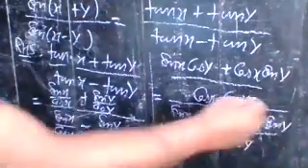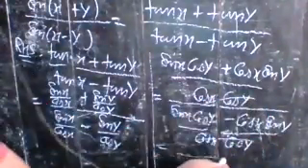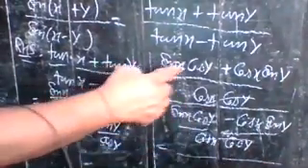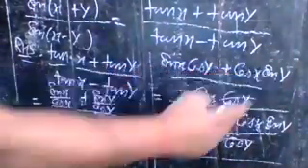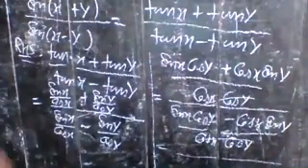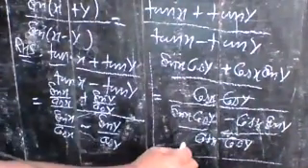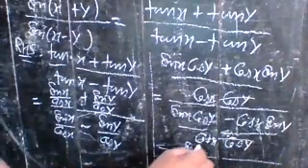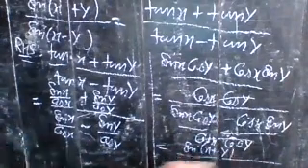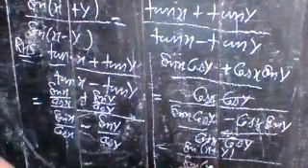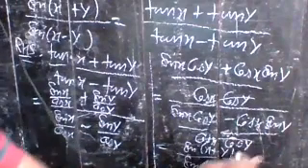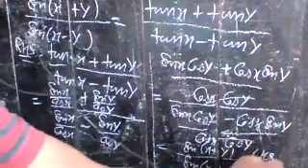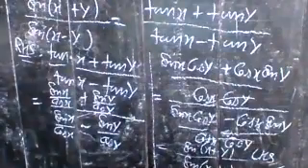So the LCM part is cancelled out. Now see the identity. Sine x cos y plus cos x sine y is sine(x plus y). So write it. That is equal to sine(x plus y) upon sine(x minus y), and that is your left side.